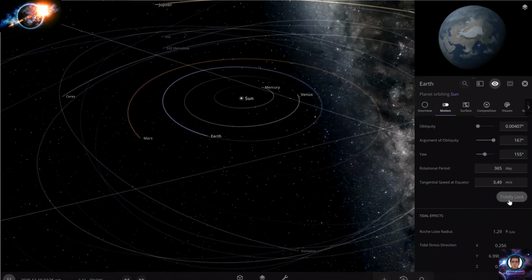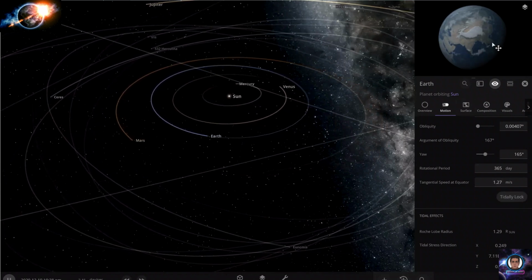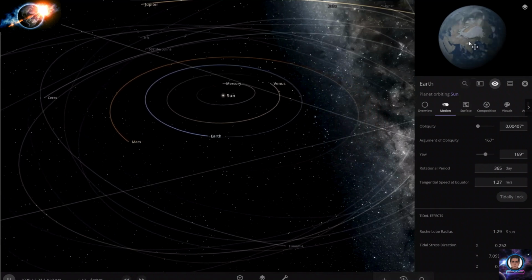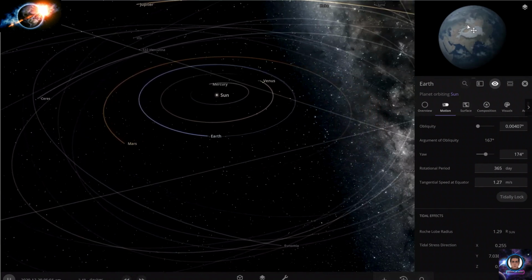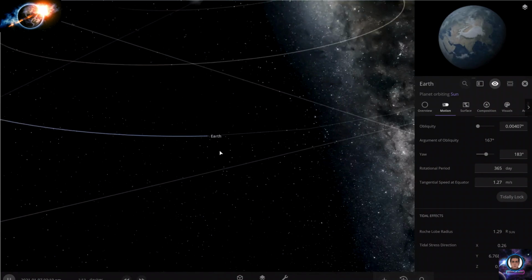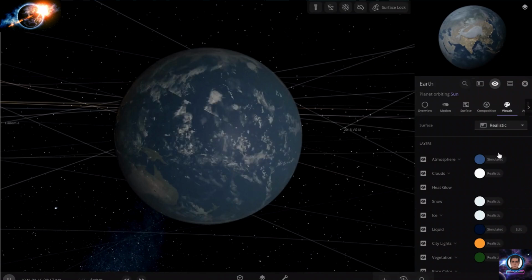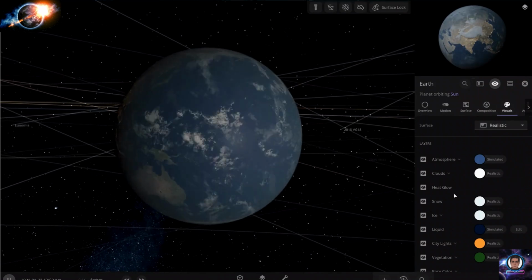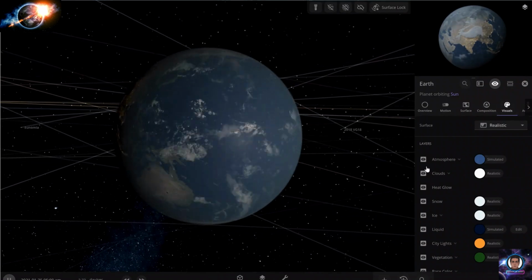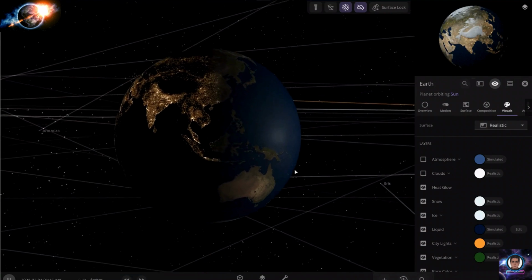I just push the button, and this is the atmosphere which is going around the Earth. There are clouds, but the planet itself, Earth, is stuck in this situation. You can see, in the visual part, you can unset the atmosphere or clouds, which helps you to see the Earth itself better.